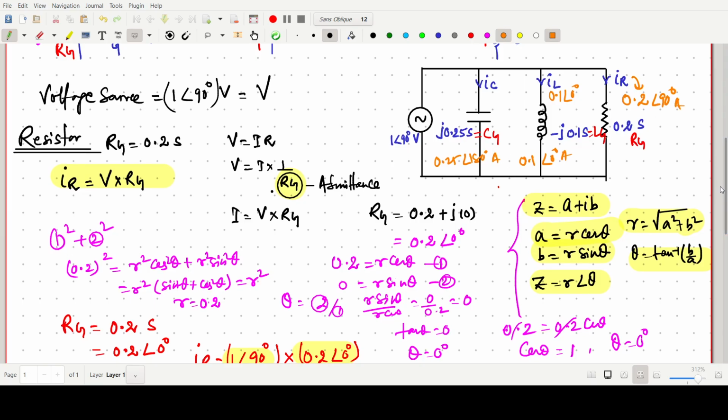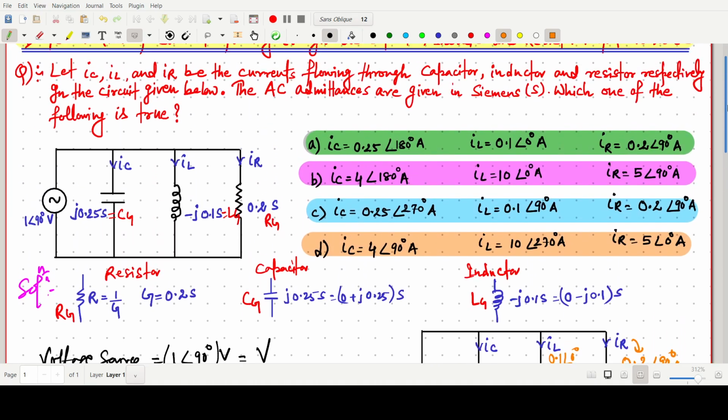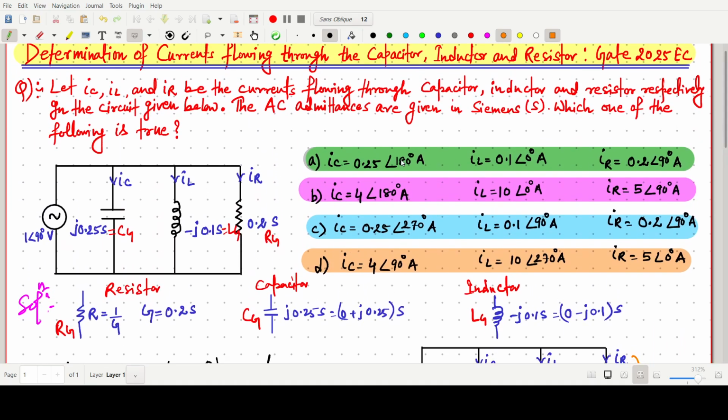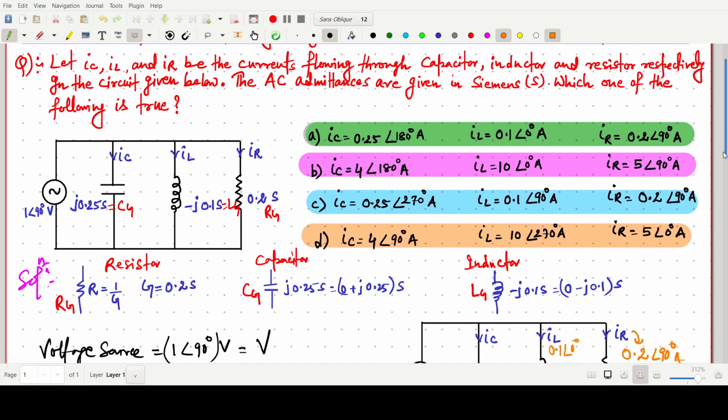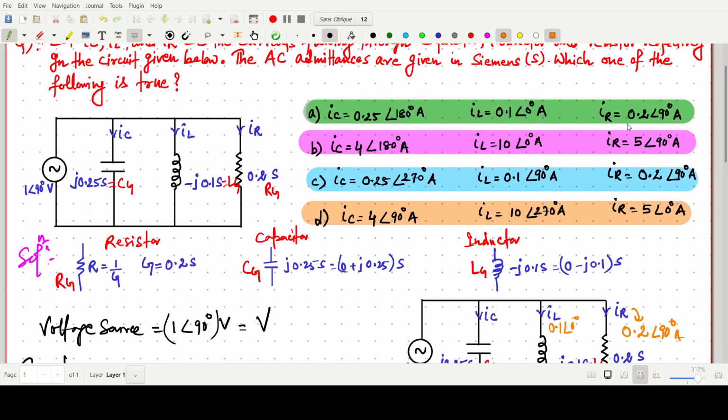So which one is the correct answer? IC 0.25 angle 180 degrees, IL 0.1 with angle 0, and IR 0.2 with angle 90 degrees. So option number 1 will be the correct one.